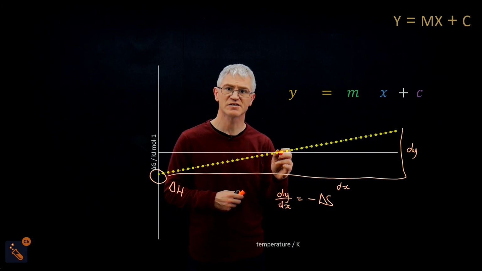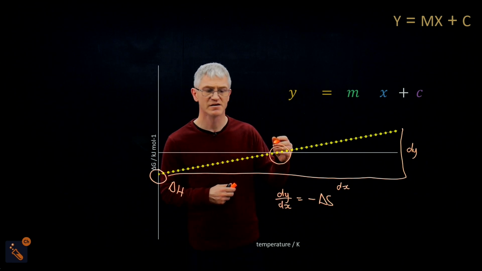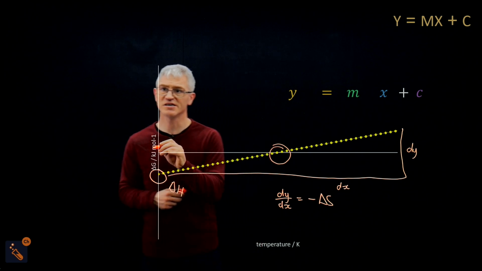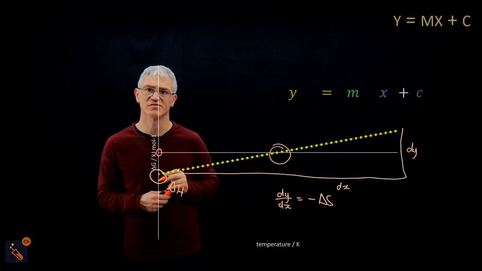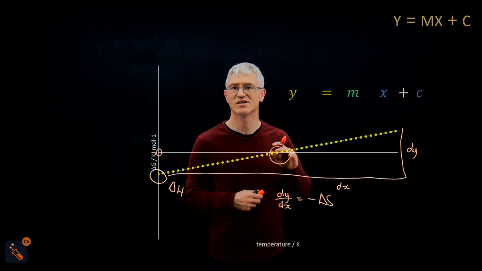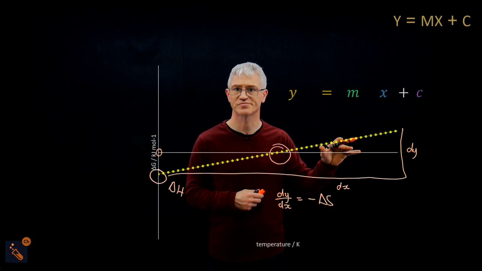If you look at this crossing of the line here, not immediately obvious to everybody, that is crossing the 0 point. So this bit here is 0. That means delta G is becoming 0, which means the reaction is becoming not feasible.